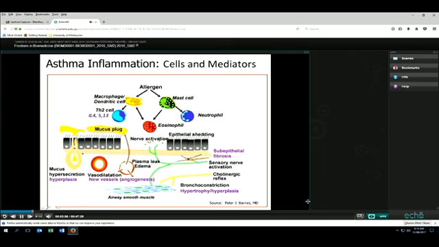The end results we can see down the bottom of the slide, and probably the two commonest manifestations are mucus hypersecretion, which we'll see shortly, and also bronchoconstriction, which is a combination both of hypertrophy, so increased smooth muscle mass, but also smooth muscle stimulation, so contraction. In chronic asthma, you can in fact get subepithelial fibrosis as well, though that's very uncommon, usually only occurring in people who've had long-standing, poorly controlled asthma.